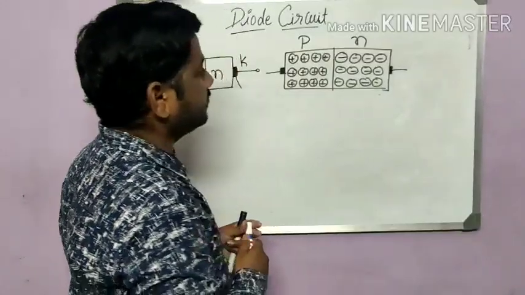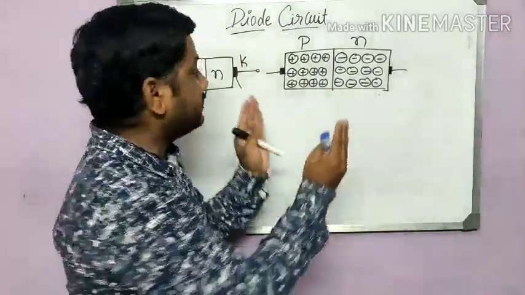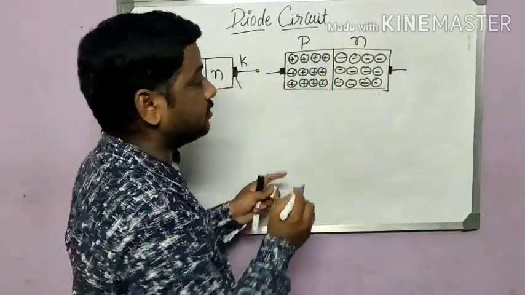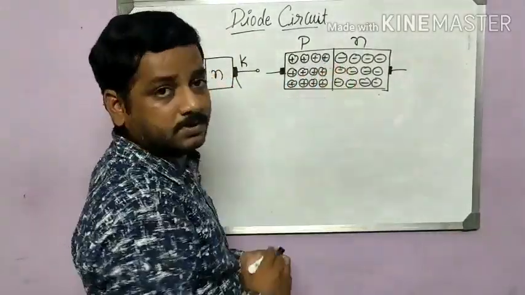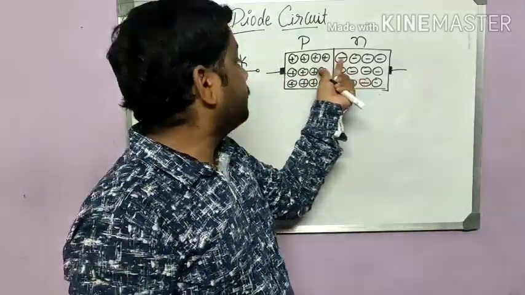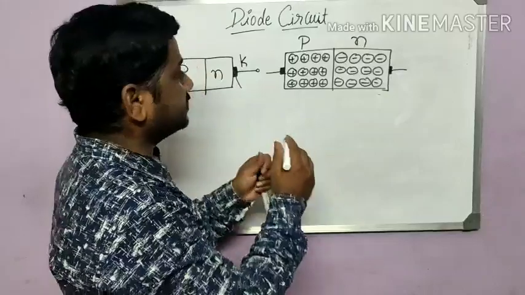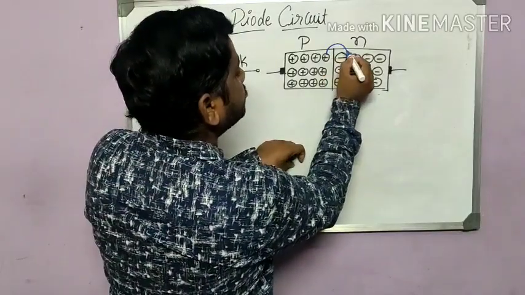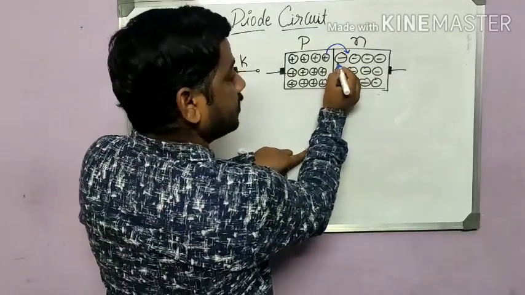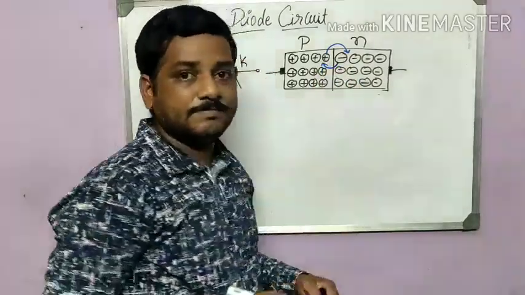If you just frame that PN junction together, we have positive holes here and negative electrons here, and it's a basic principle that opposite charges will be attracted towards each other. So the positive holes will be jumping towards the N region, and the electrons will come towards the P region.